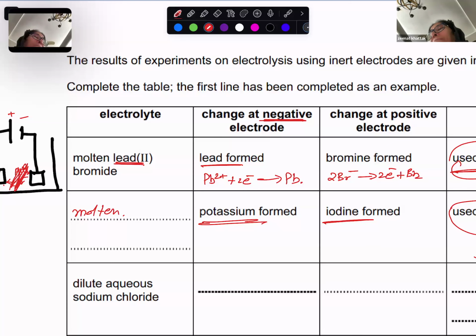Look, potassium metal is formed from potassium ion. The iodine is formed when 2 iodide lose 2 electrons, making iodine. So it was molten potassium iodide.